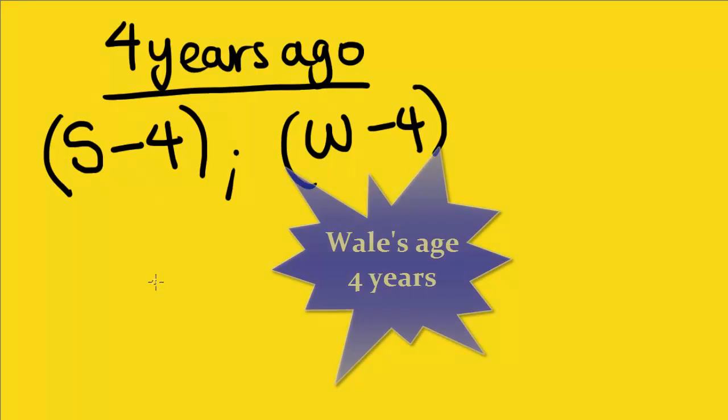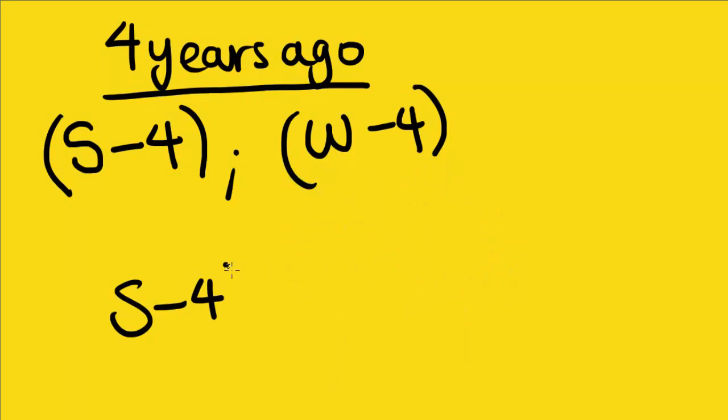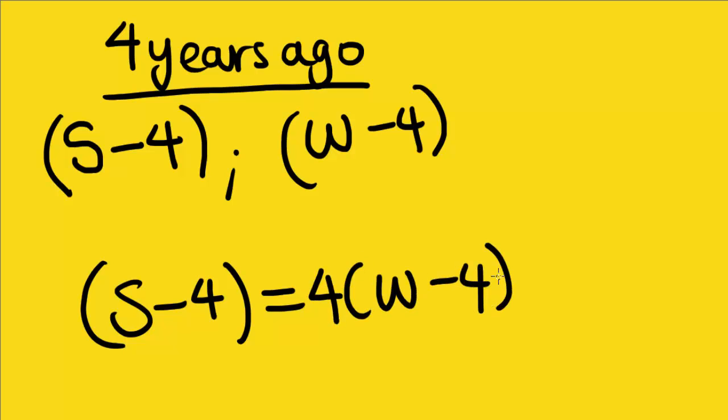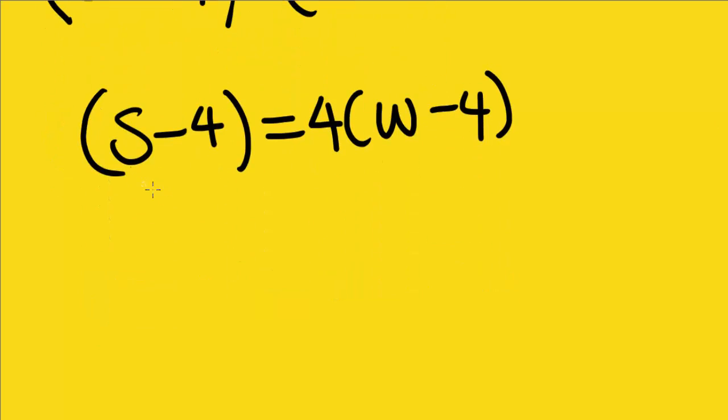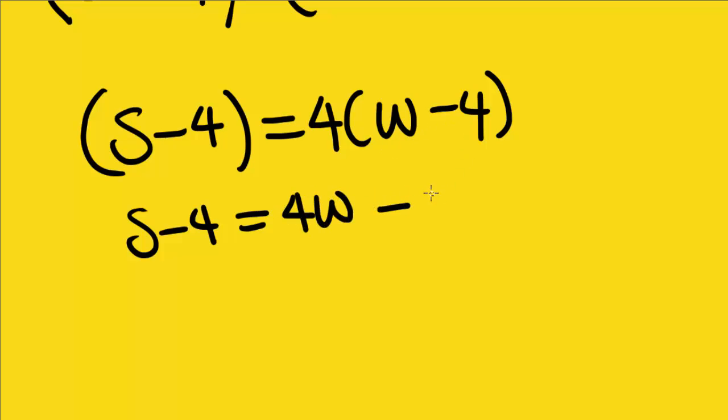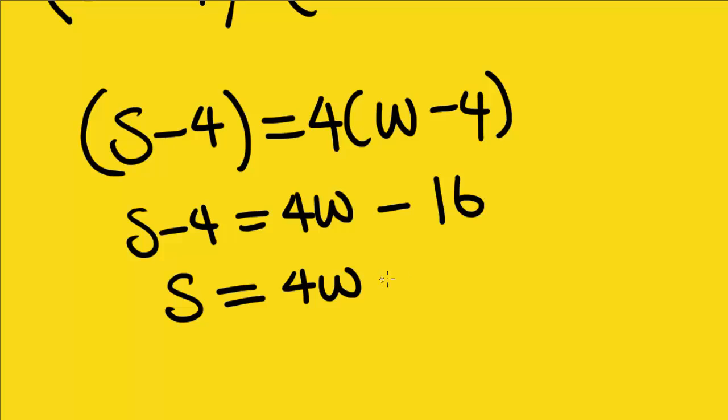So similarly, for Walle, 4 years ago, his age was W minus 4. And the question says that 4 years ago, Sonny's age was 4 times that of Walle's age. You can simplify this expression to give the following: S minus 4 equals 4 times W minus 4. If you expand the right hand side, you have 4 times W minus 4 times 4, which is 16. If you add 4 to both sides, you have S is equal to 4W minus 12.